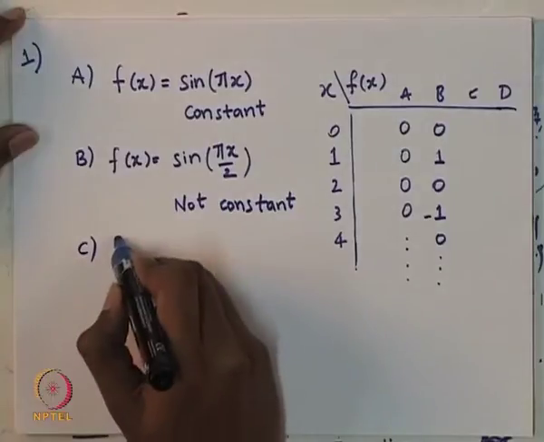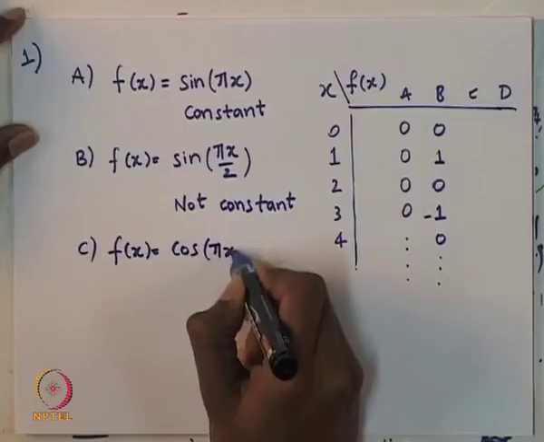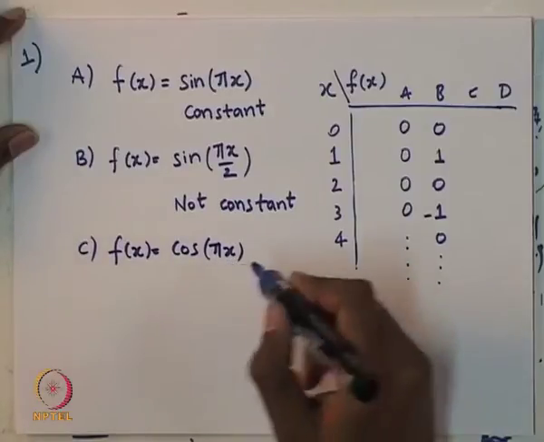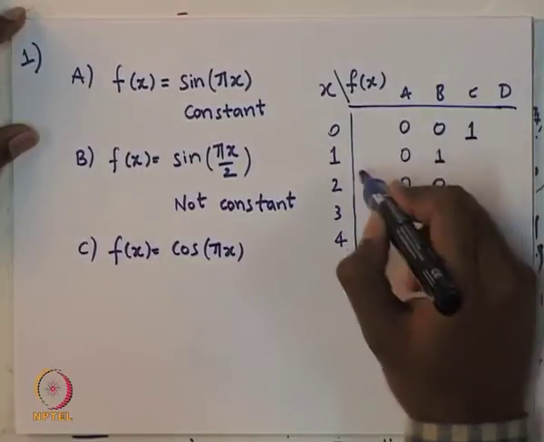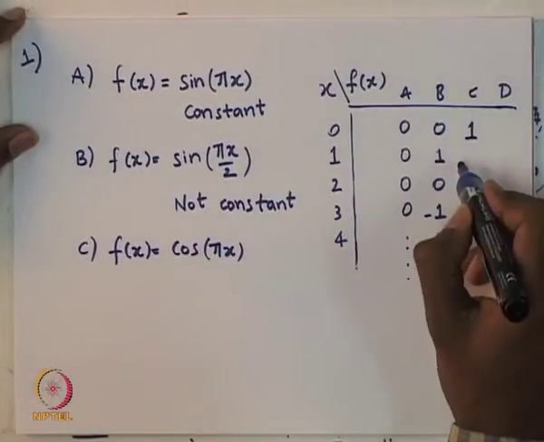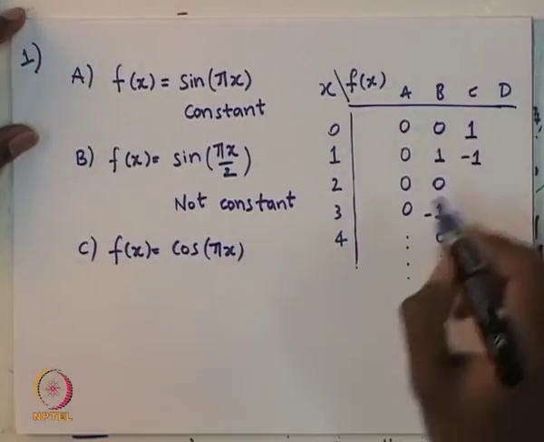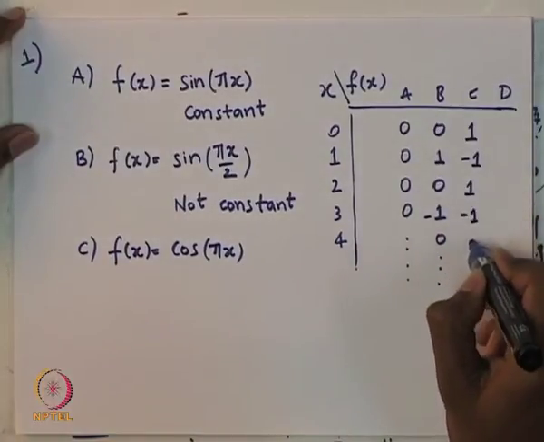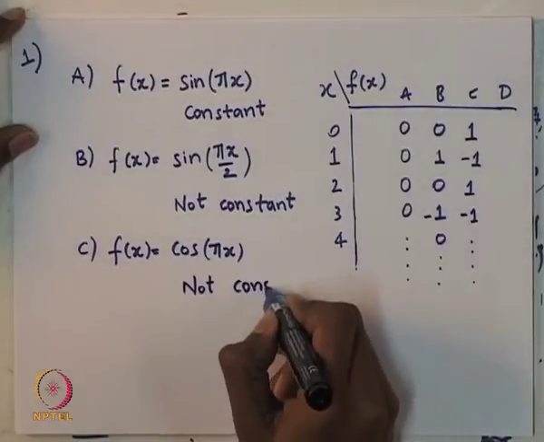Option C, f of x is cos pi x. When x is 0, cos 0 is 1. When x is 1, cos pi is minus 1. When x is 2, cos 2 pi is again 1. So this is also not a constant function.